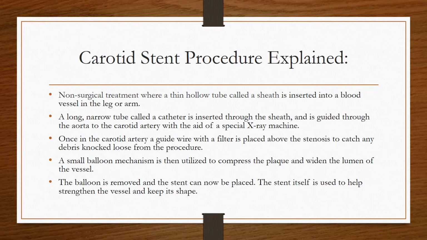So after the filter is placed, a small balloon mechanism is then utilized to compress the plaque and widen the lumen of the vessel before the actual stent can be placed. This just allows more room for the stent, and then the stent is used to strengthen the vessel and to keep its shape so that it doesn't collapse back down or create more stenosis.